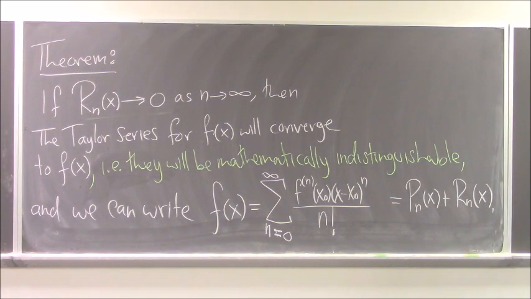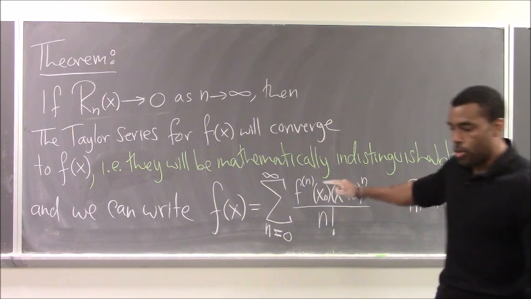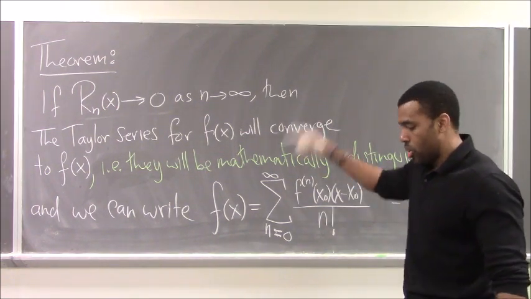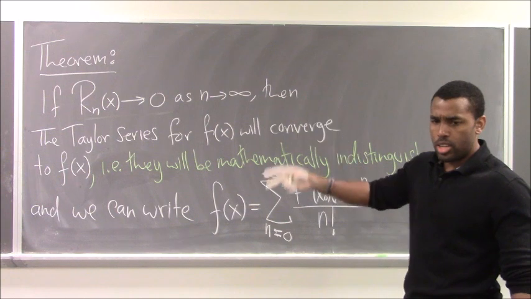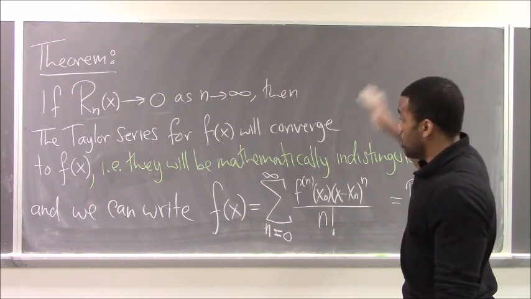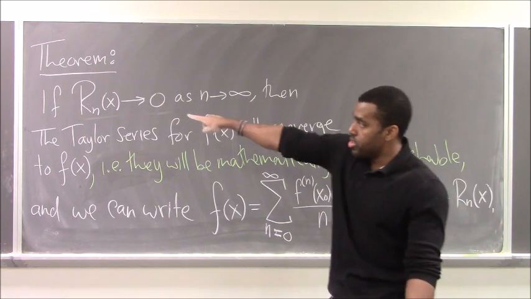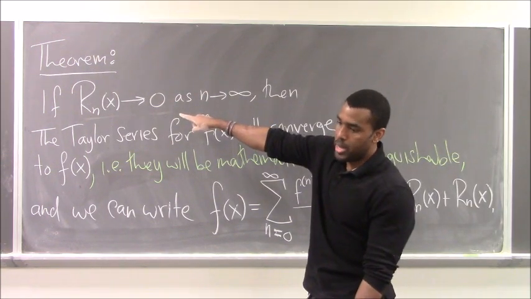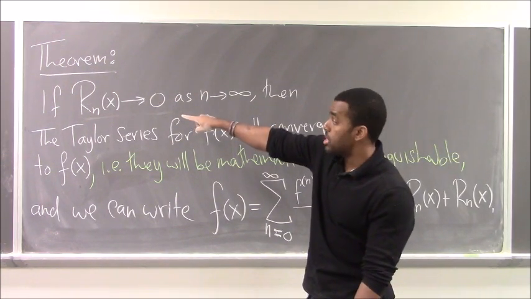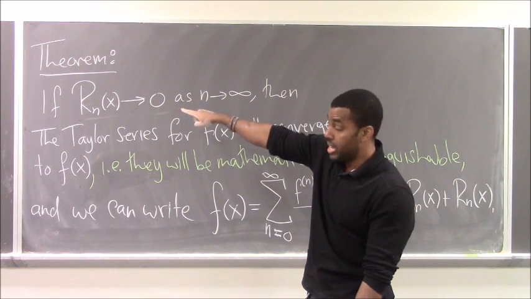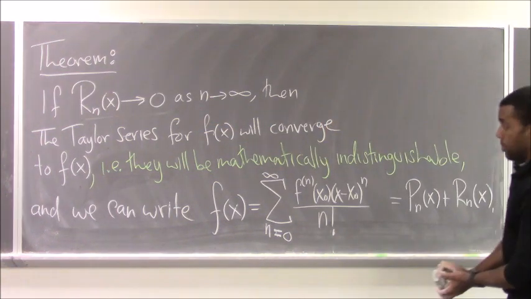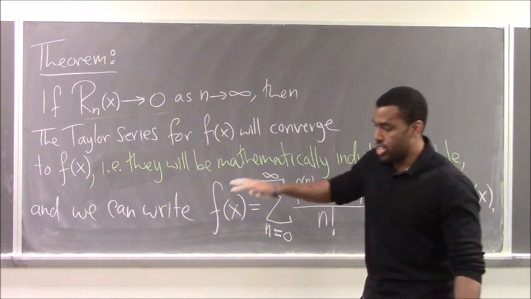And it turns out for the 4 examples that I gave you earlier, the 1 over 1 minus x, e to the x, the cosine of x, the sine of x, those guys will all converge to their Taylor series. It turns out you can find the remainder term as a formula, and if you take the limit as n approaches infinity of that formula, it'll actually approach 0.